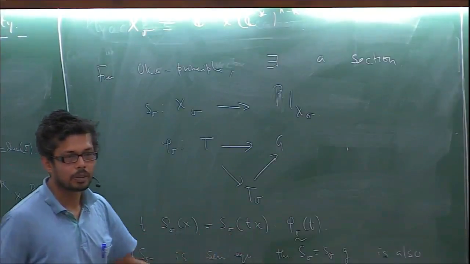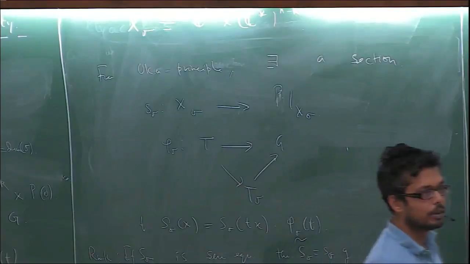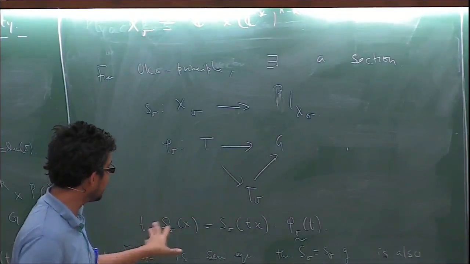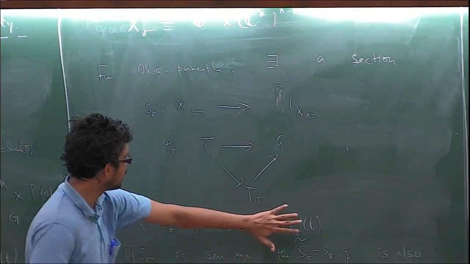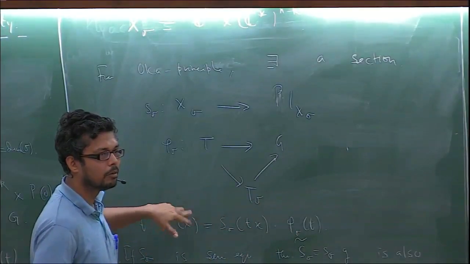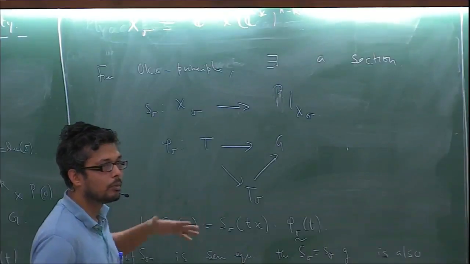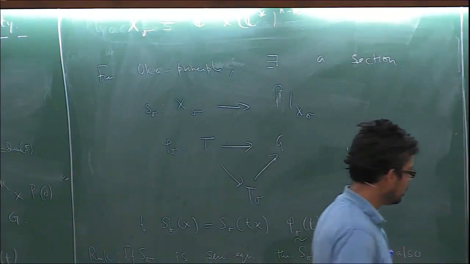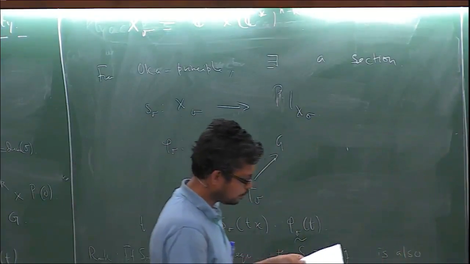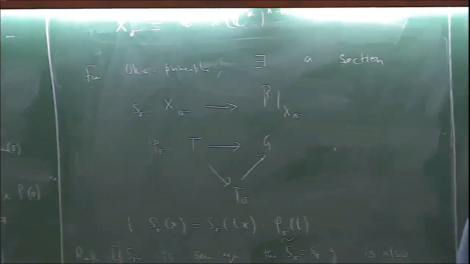This is true because if you take an algebraic principal bundle, all these actions are algebraic, involving algebraic functions. And by the limiting continuity argument, you can say that for every x this is true for an algebraic principal bundle. So this section is algebraic.